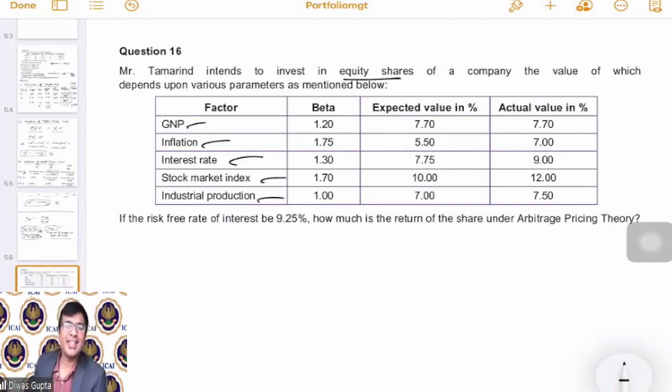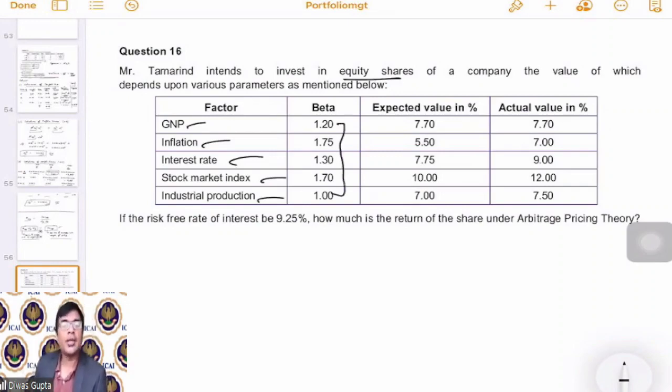So there are these different factors that affect the value of an equity share. That means it's not only the market risk premium; there are a lot of other factors as well, for which there is a different sensitivity altogether.